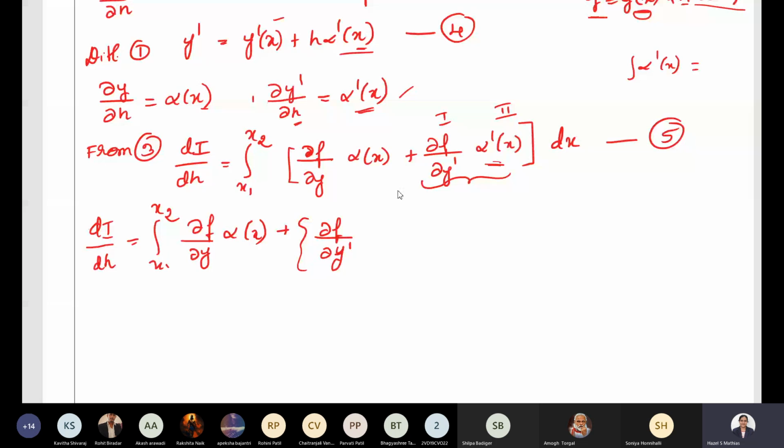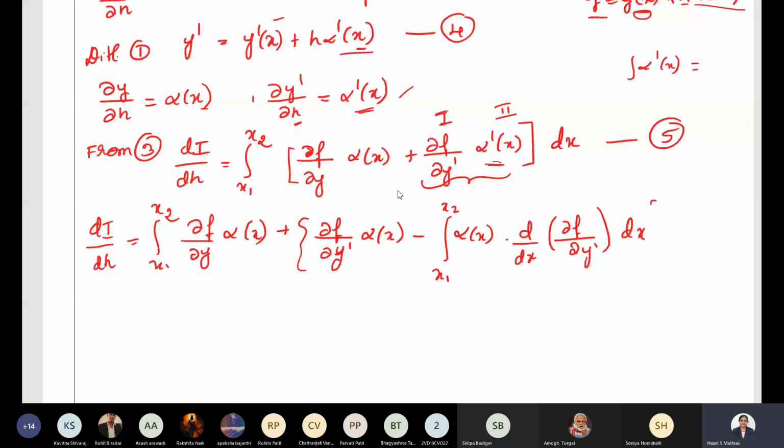Then minus, by Bernoulli's rule, first term into integration of second term, we write the integrated term as it is, alpha of x, and differentiate the first term. That is the integral from x1 to x2 of alpha x into d/dx of ∂f/∂y dash into dx.